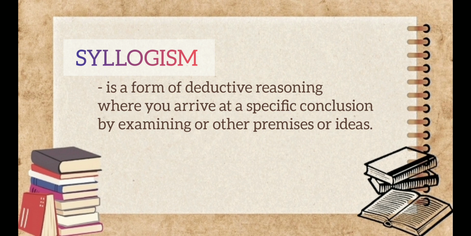Syllogism uses deductive reasoning to arrive at a conclusion that is based on two or more propositions that are assumed to be true. Syllogism is a Greek word that means inference or deduction.